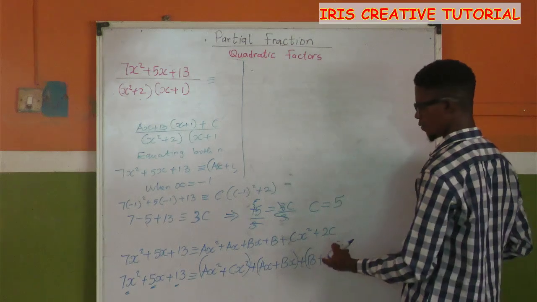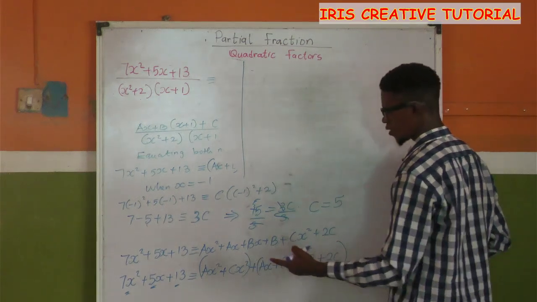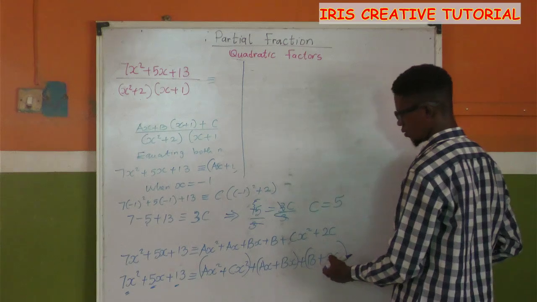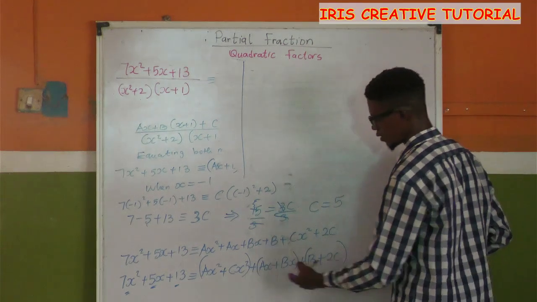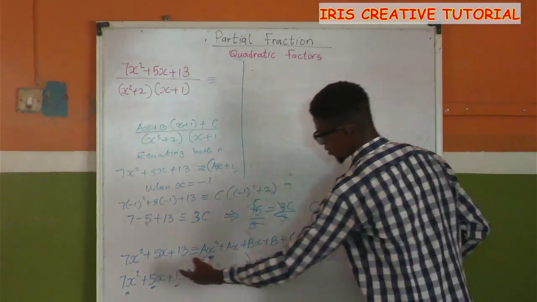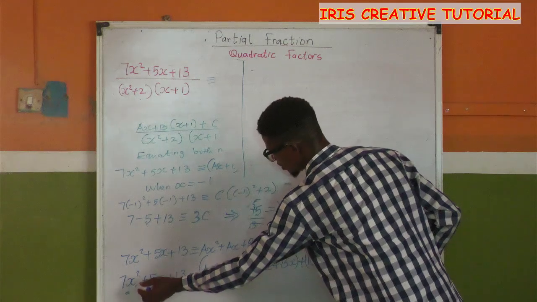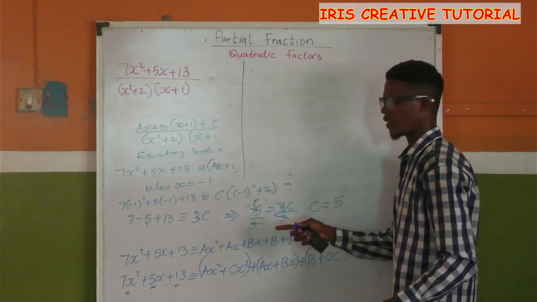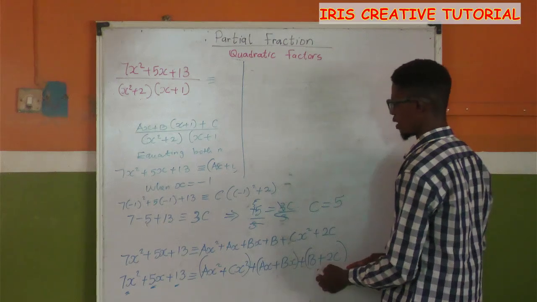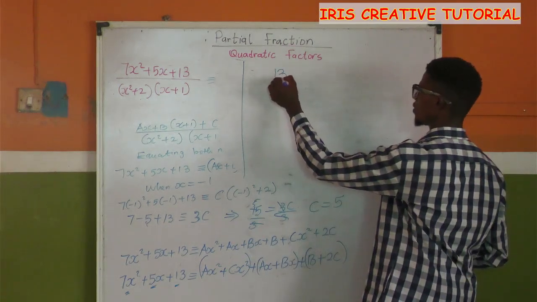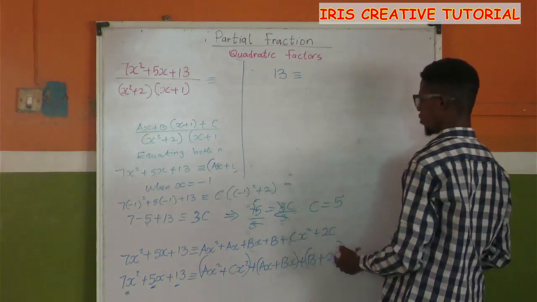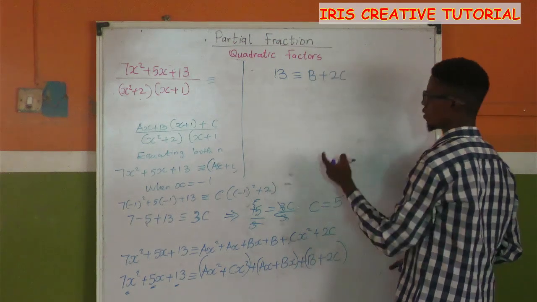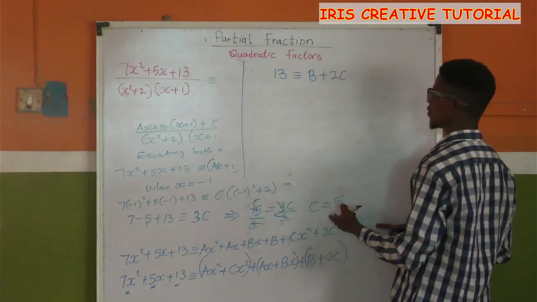So now we are going to be comparing both sides. Now let me pick the third part. I already said that this ax squared plus cx squared is equal to this based on the expression of x in both sides. So let me pick this now. So I can say 13 is equivalent to b plus 2c. And recall that our c is 5, right?